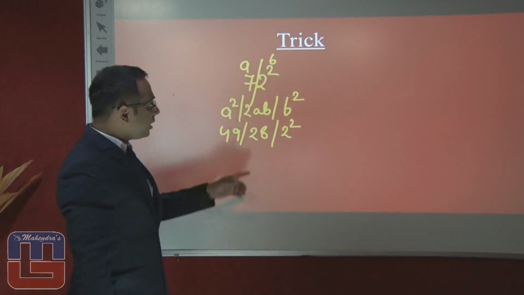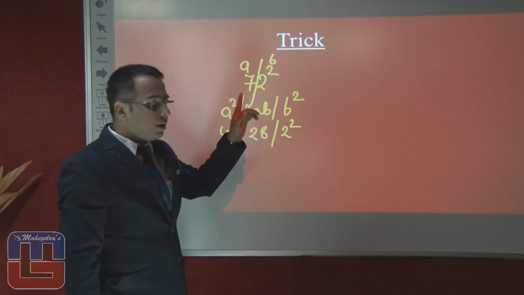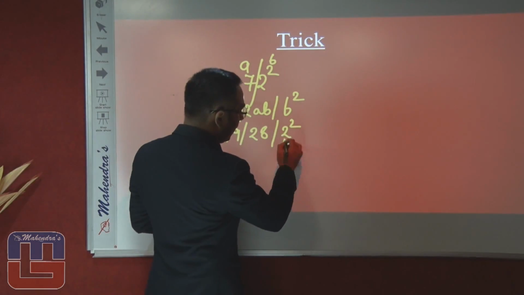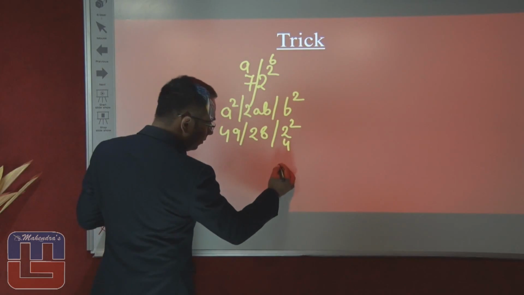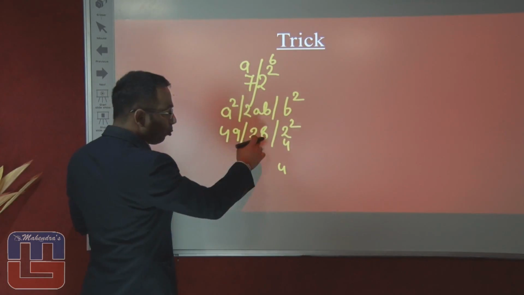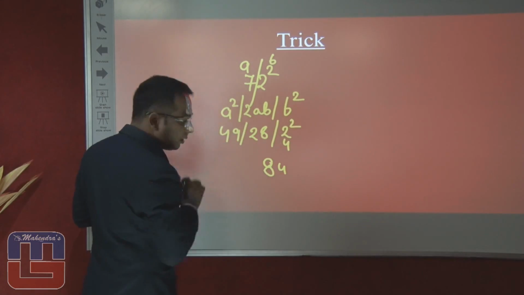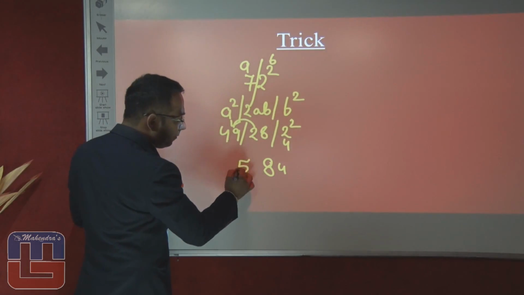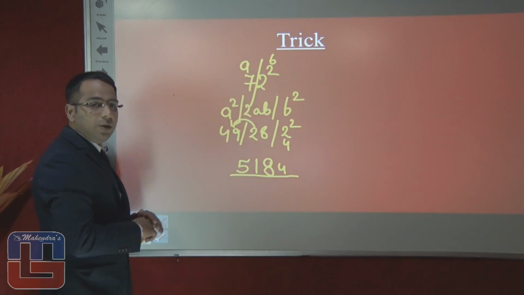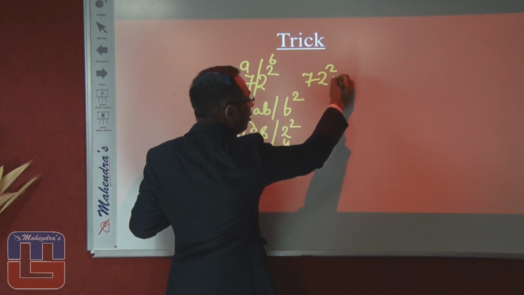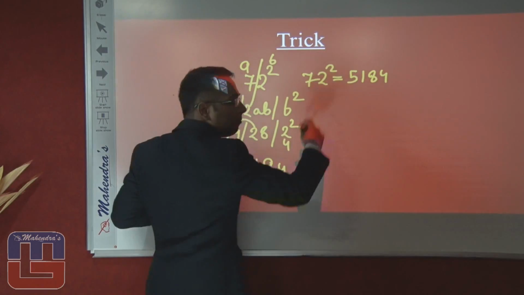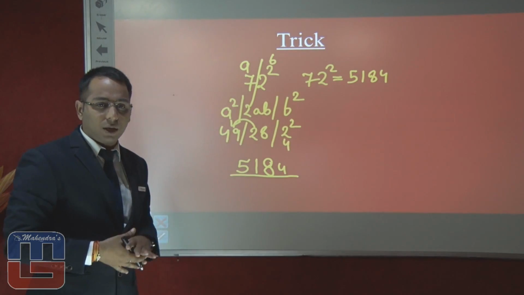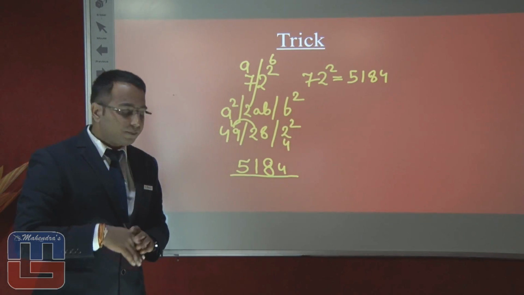We calculate the number from behind in single digit form. So 2 square is 4. 28: we will put a single digit here, 8, and 2 will be carried forward. 49 plus 2 is 51. So the square of 72 will be 5184. If you don't remember any of the square tricks, you can do this. It is the best trick you can have to find squares.